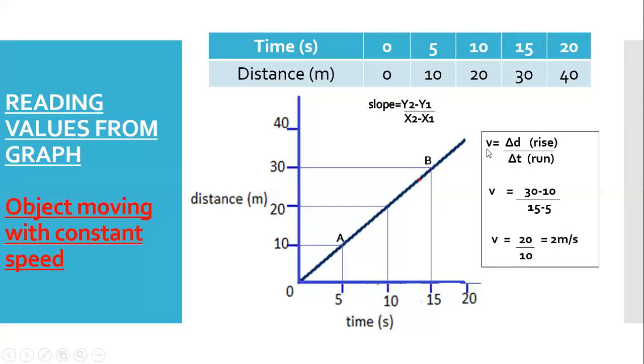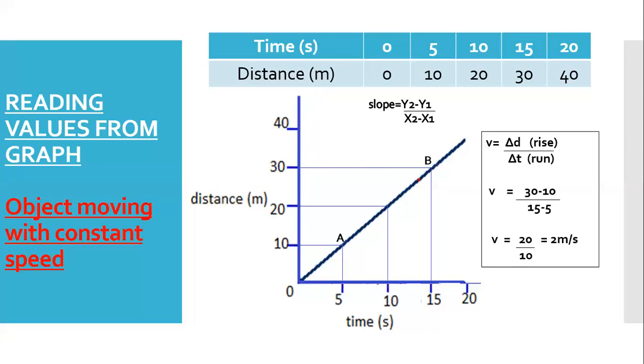So what does rise mean? It is the vertical change between 2 points, the vertical change along the y-axis. Rise also means how many units you have moved up or down from point to point along the y-axis.